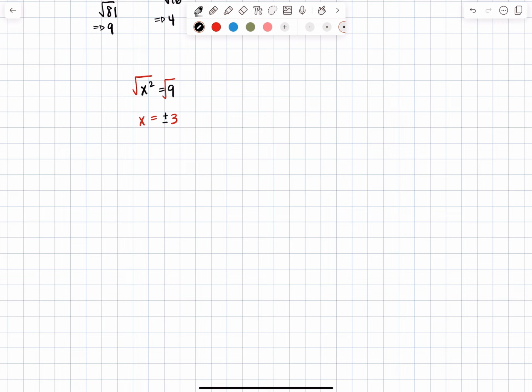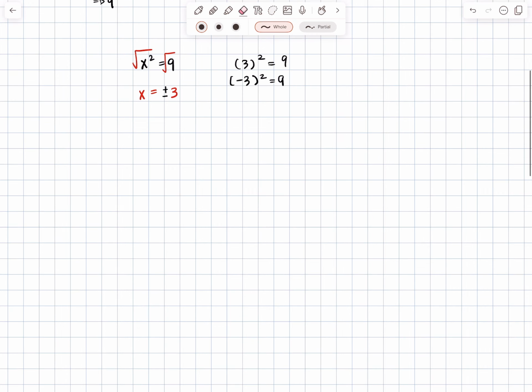If x was 3, 3 squared would be 9. But negative 3 squared is also 9, because negative 3 times negative 3 gives us positive 9. So we have two answers, positive and negative, when we're dealing with squared numbers or square roots. The answer here is that x equals both positive and negative 3.